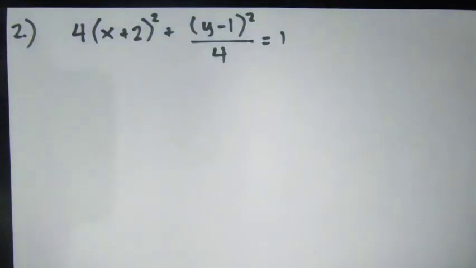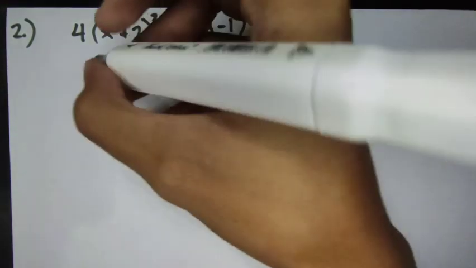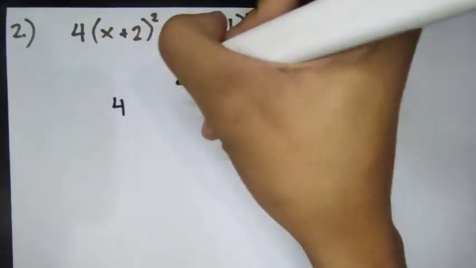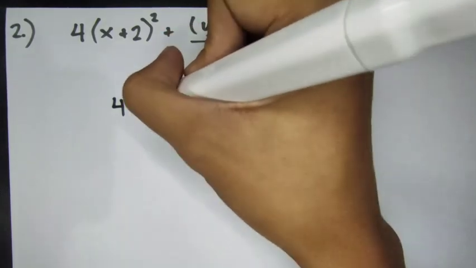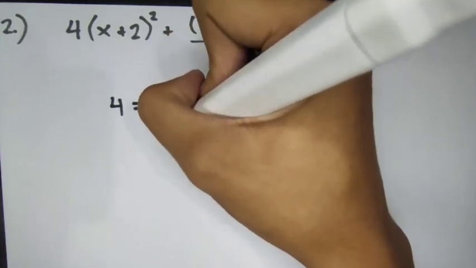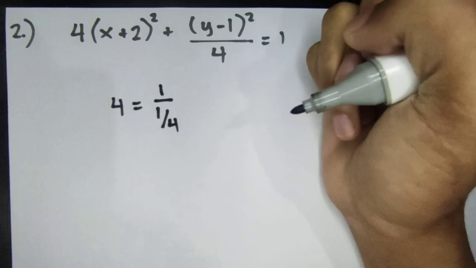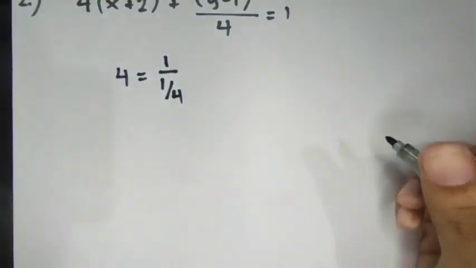By doing that, we will rewrite the 4, which is 4 equals 1 over 1/4. Now, the denominator of (x plus 2) quantity squared will be 1/4.